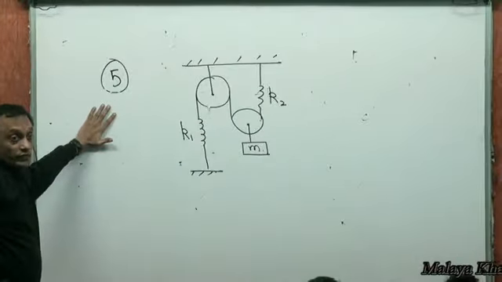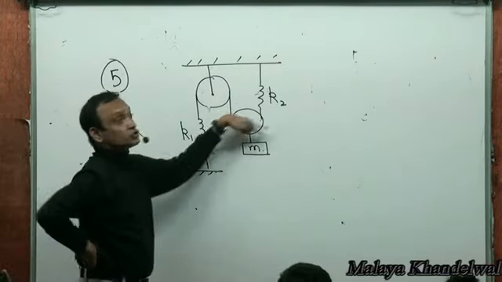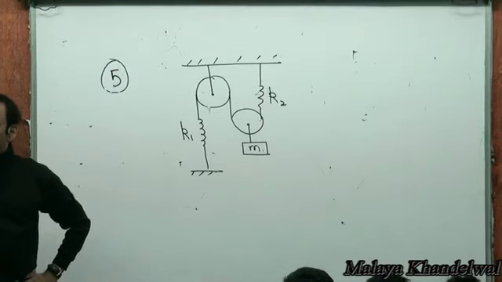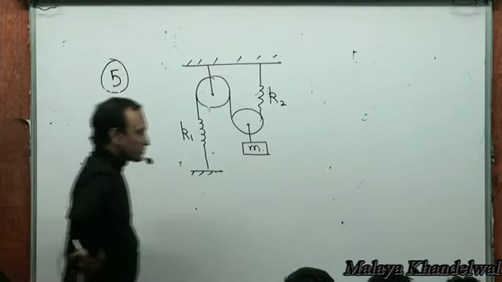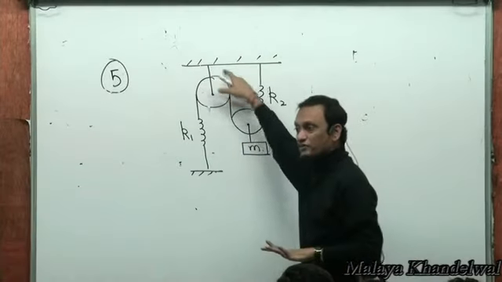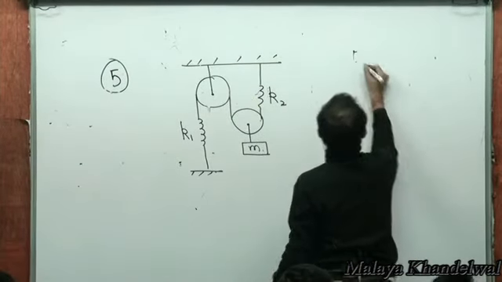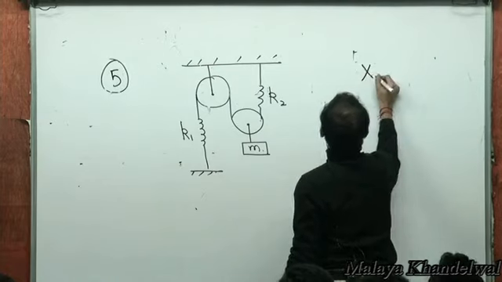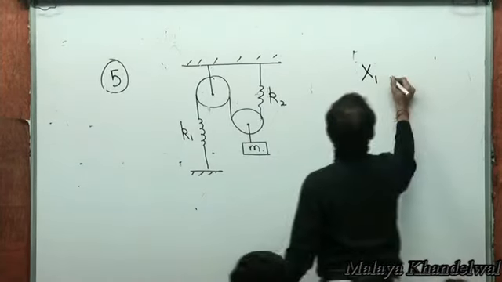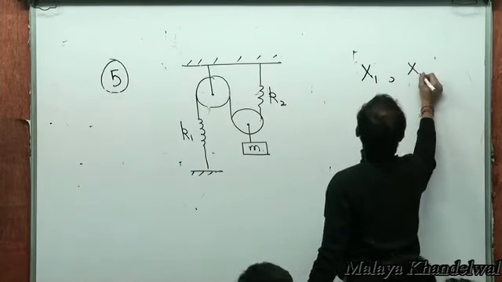Now, essentially, there are two springs joined somewhere. What you need to do is imagine at some instant of time, spring 1, the one with force constant K1, has elongated by an amount x1. Spring of force constant K2 has elongated by an amount x2.